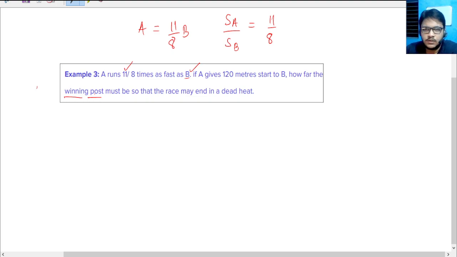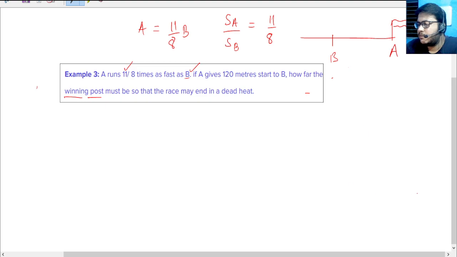Now before I solve this and anything else, I just wanted to clarify one thing. What do you mean by winning a race? So winning a race basically means that you as an individual cover more distance than the person who is left behind. So suppose this is the line and this is the flag, and if I say that A beats B by a margin, let's say 100 meters, whatever, right?